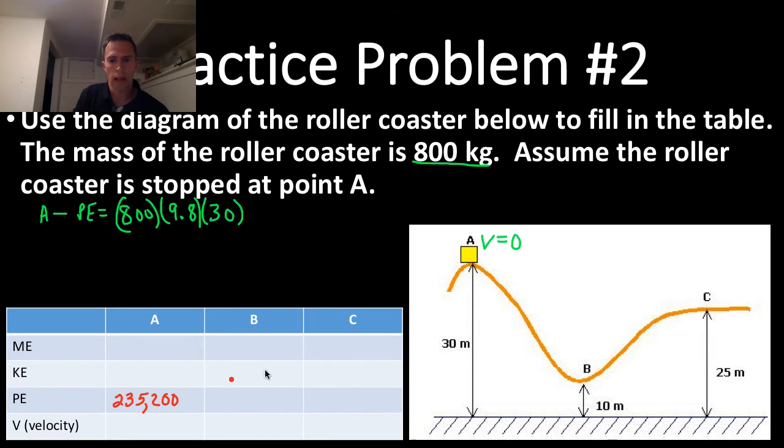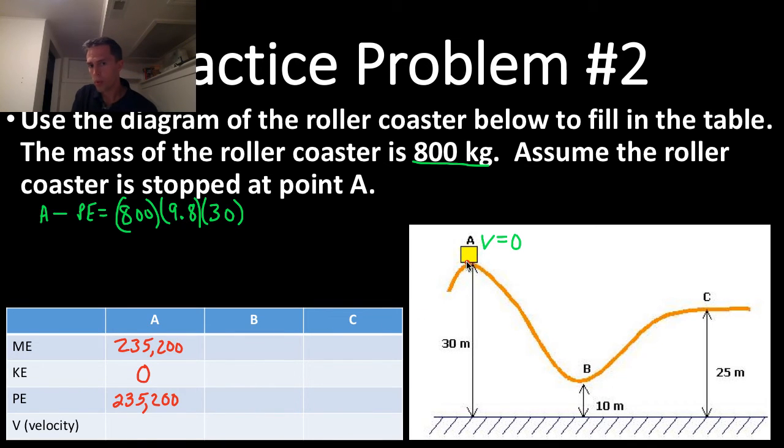And so at position A, because its velocity was 0, it's not going to have any kinetic energy. So its kinetic energy will be 0. And that means its mechanical energy, again, mechanical energy is equal to potential energy plus kinetic energy. So if we add these two together, we should get mechanical energy. So it's 235,200.